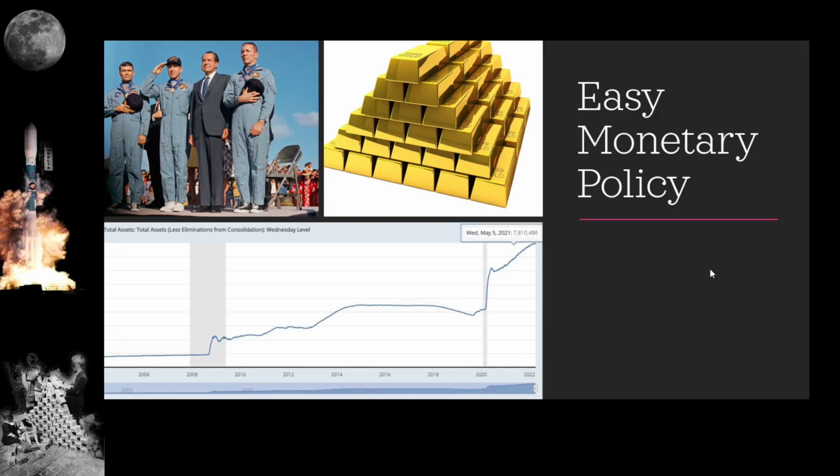So the question is, well, why did Nixon remove the dollar from the gold standard, from the gold window? And it must have been because there was fractional reserve banking going on with the gold standard. They must have issued more dollars than was able to be redeemed by physical gold in the vaults.